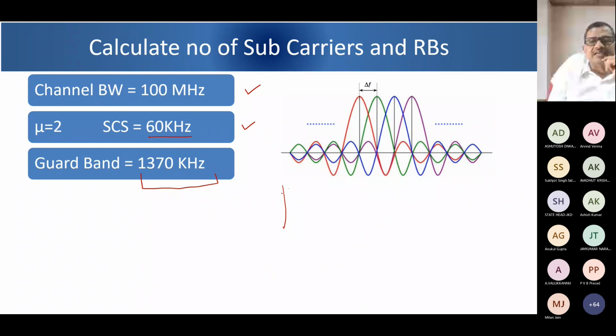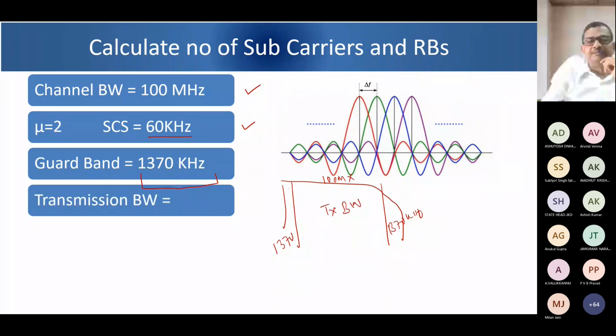That means in this 100 megahertz, I have to leave 1370 kilohertz here and also 1370 kilohertz here. Whatever is remaining is called the transmission bandwidth. So please calculate the transmission bandwidth and tell me.